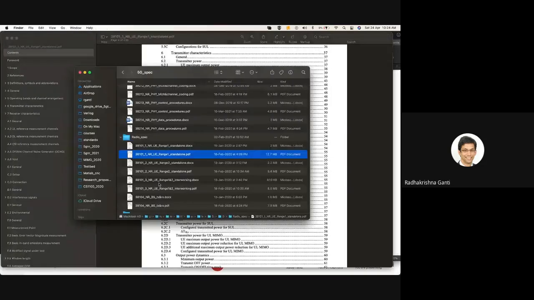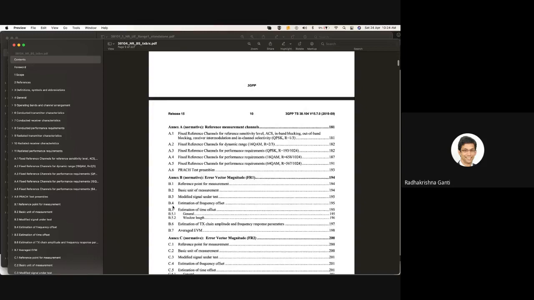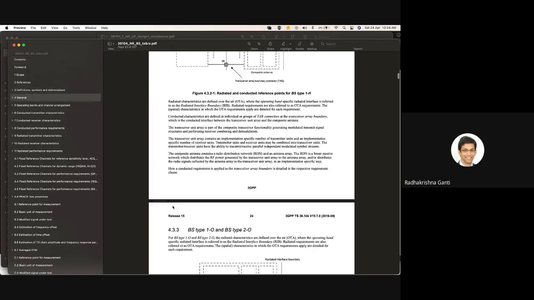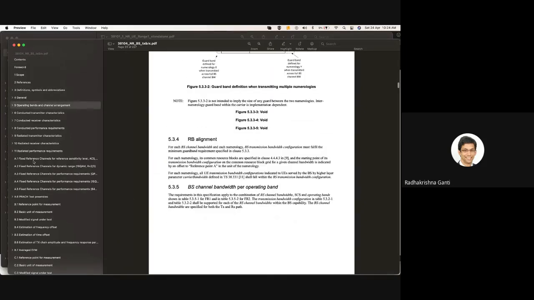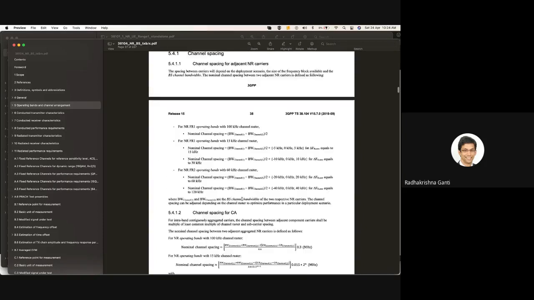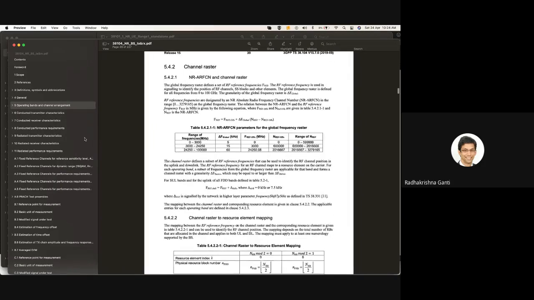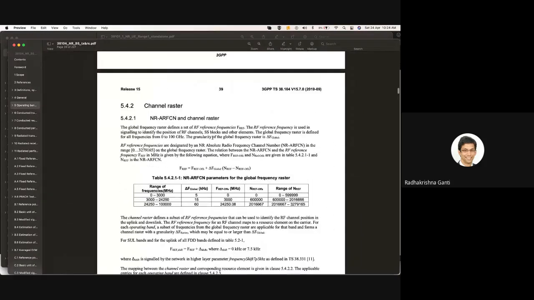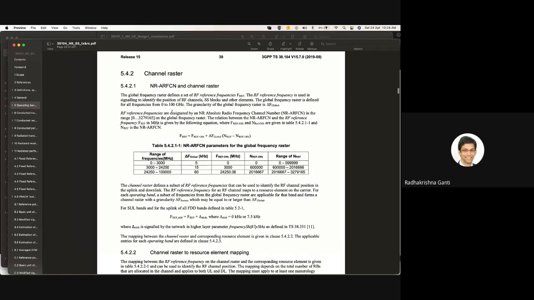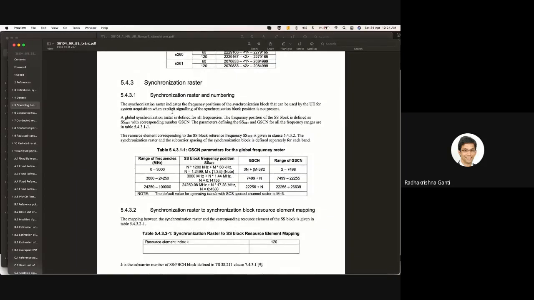The channel raster and these things are provided in 38.101 and 38.104, where they talk about the channel raster first, and then the synchronization raster.